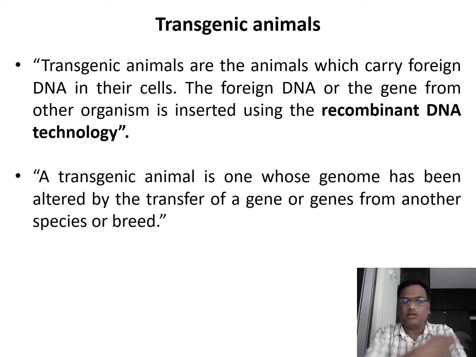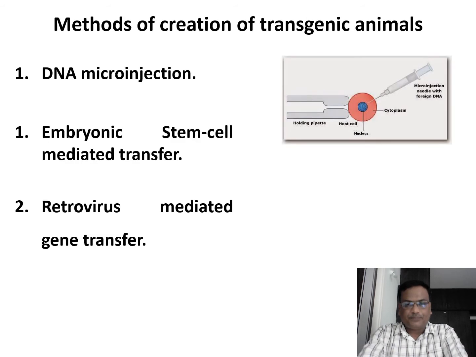As far as cattle are concerned, they have used some genes to produce cattle without horns. Like this, they have produced many transgenic animals which will produce the desired character.